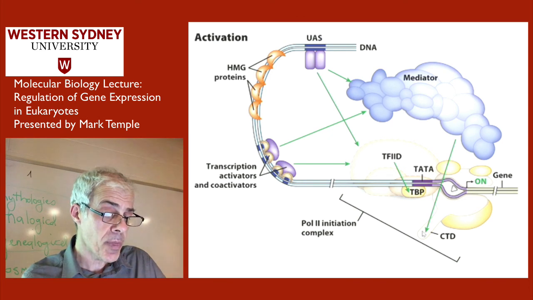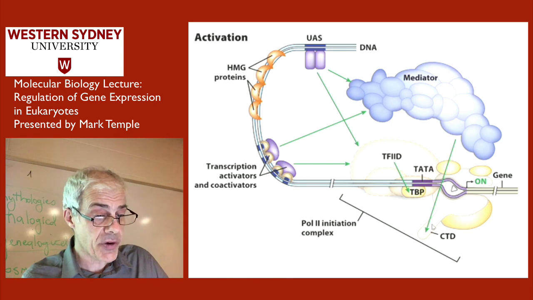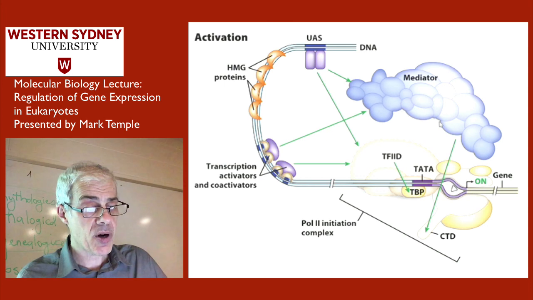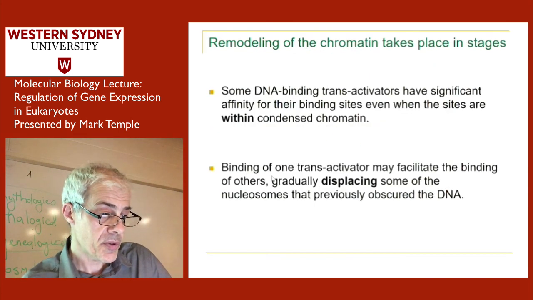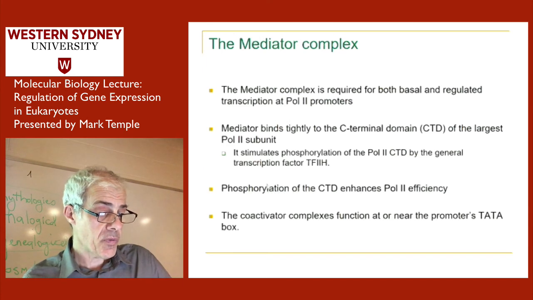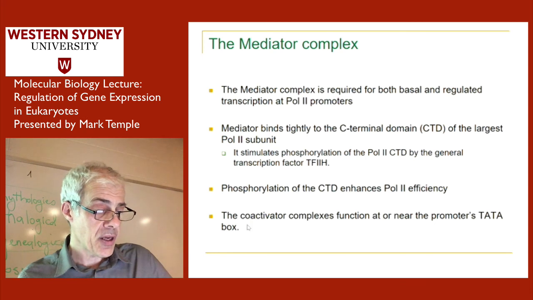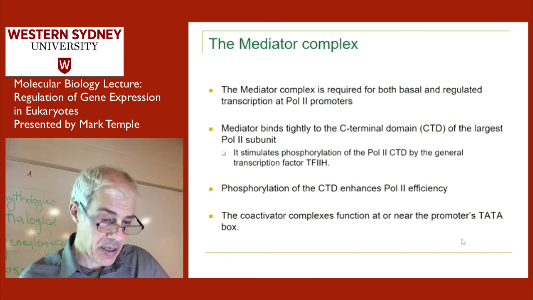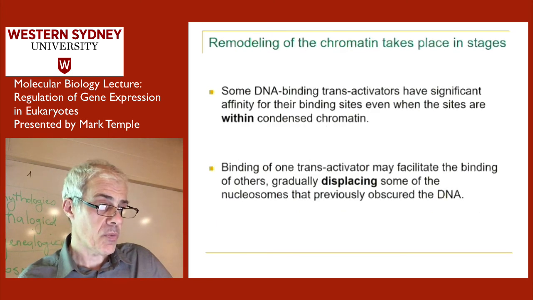We've talked about that before. It gets phosphorylated by proteins in the mediator, and when it becomes phosphorylated, it can then transcribe into the gene, and part of that process is mediated by these transcription activators. So phosphorylation of that carboxy terminal domain is important for the polymerase activity, and co-activator complexes also function near the TATA box.